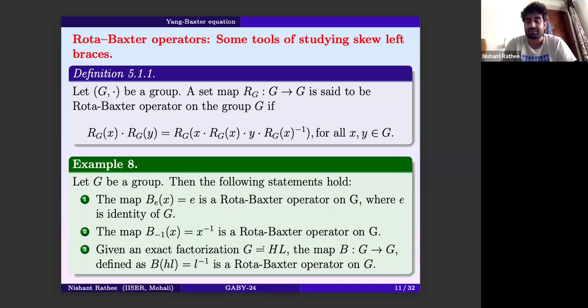If you have an exact factorization of a group, suppose G is equal to H times L, then you can define a map from G to G by hl going to l inverse, where of course h belongs to H and l belongs to L. This is also a Rota-Baxter operator on G. This is useful because whenever you have a semi-direct product, you have an exact factorization, and people prove many structural results using this Rota-Baxter operator.